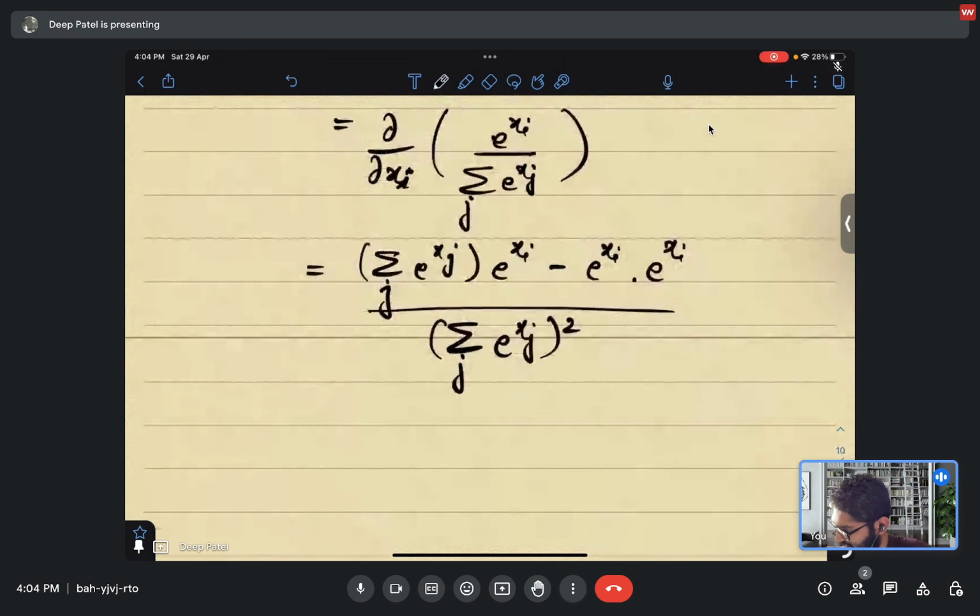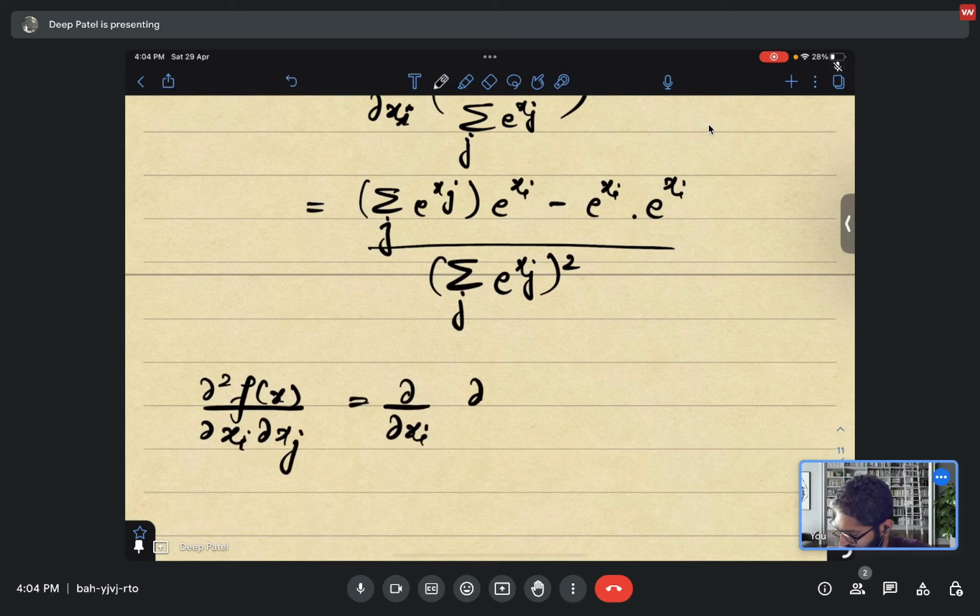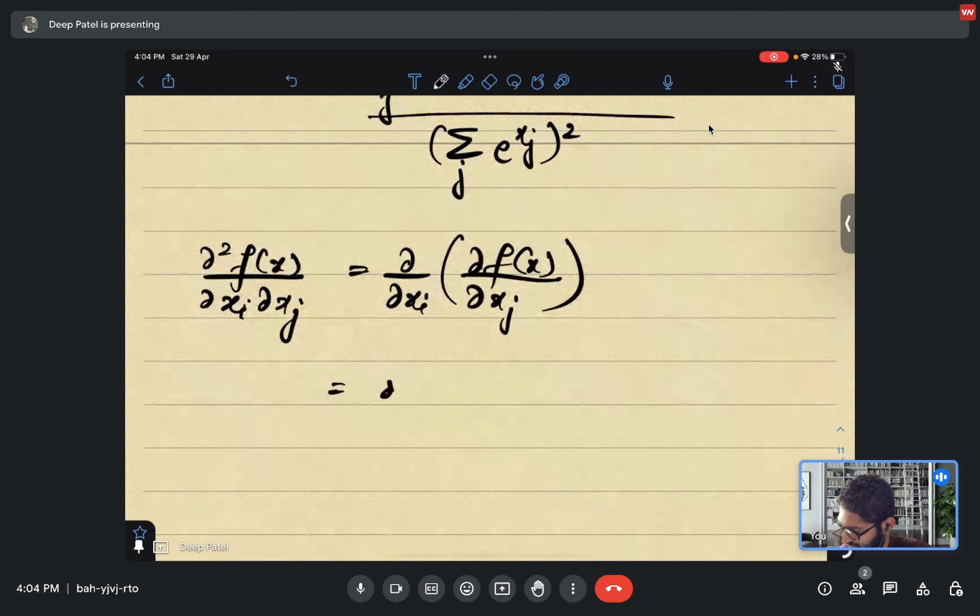Similarly, del 2 f of x by del xi del xj, which is nothing but this, and we are going to proceed in a similar fashion.